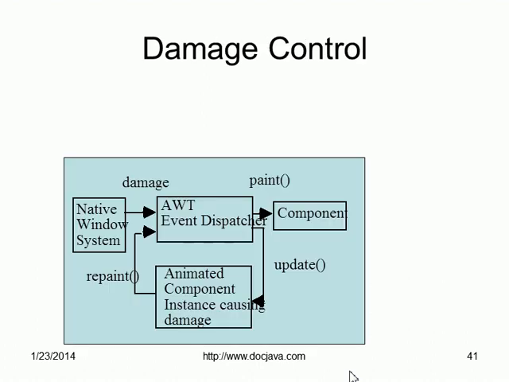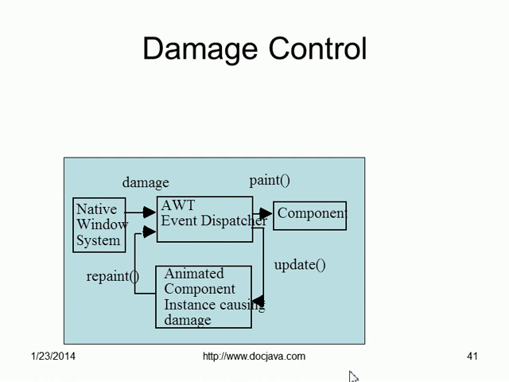So drawing in Java, I think it's probably worthwhile mentioning that you can draw images in Java, you can draw other things in Java other than images. There's a native windowing system. It senses damage, and the damage control manager is responsible for repairing that damage with paint invocations in specific areas.